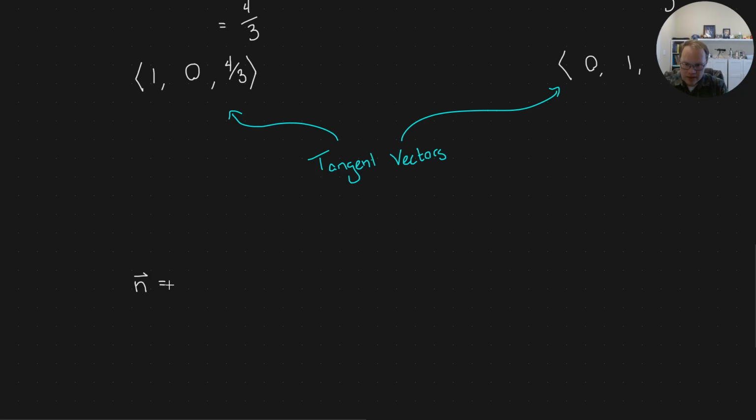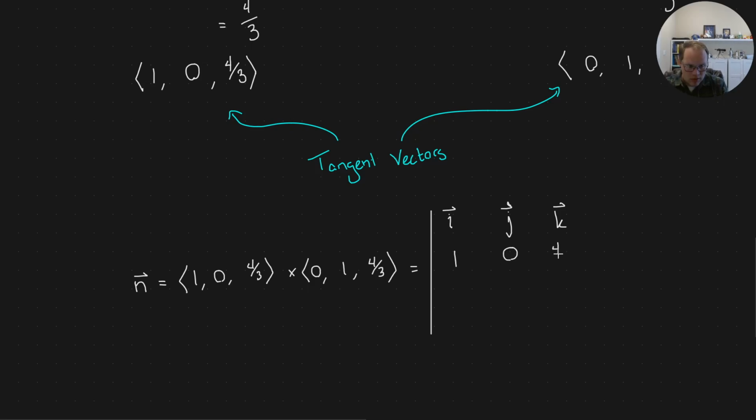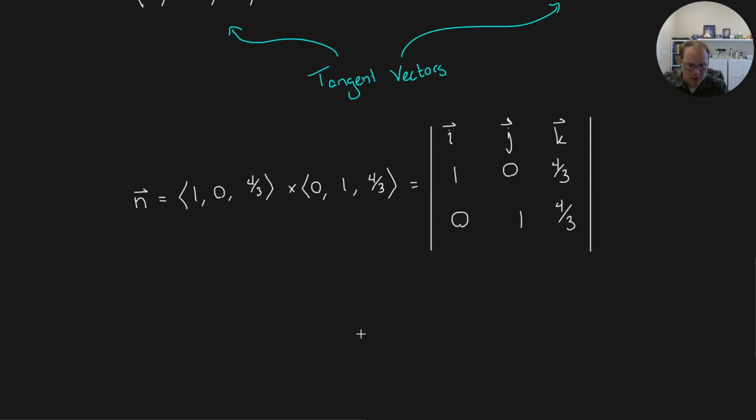So my normal vector is going to be 1, 0, 4/3 crossed with 0, 1, 4/3. Plug in the vectors, take the cross product.